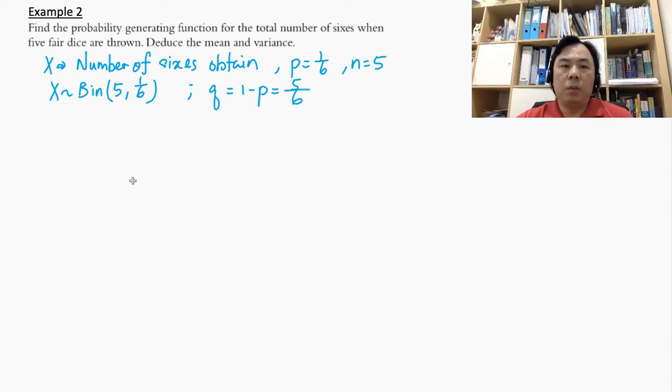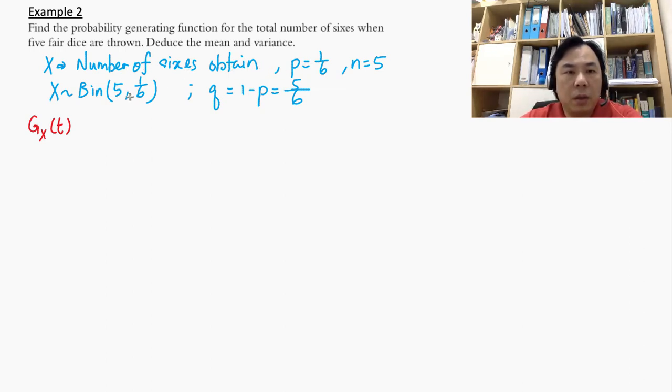So we try to write out all the properties relevant to binomial distributions here. And then we also know the probability generating function for this binomial distribution. Total number of sixes: you can have one six. I forgot to mention that this is the number of sixes obtained from a die itself.